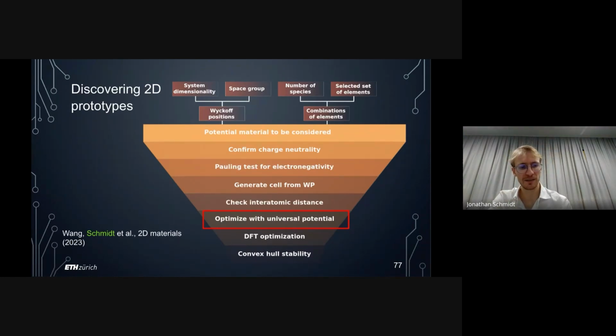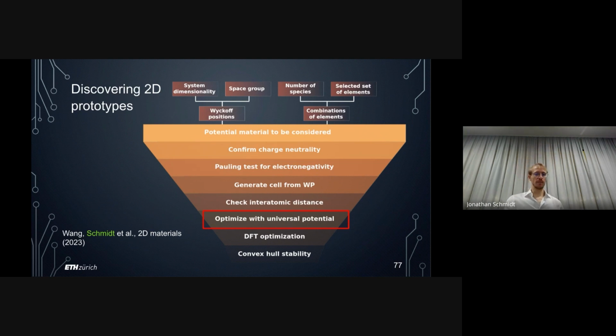For 3D, we were quite lucky that a lot of prototypes are already known. But in the 2D monolayer space, we mostly had the C2DB database from Christian Thygesen, and then from Nicola Marzari. These were all materials found by computational exfoliation of existing layered compounds. So with Aldo Romero and some other people, we developed an approach based on some space group and system dimensionality to create Wyckoff positions that we can randomly occupy with elements.